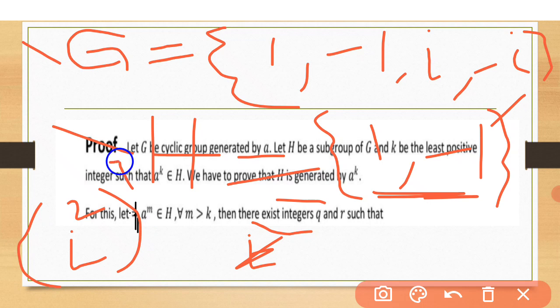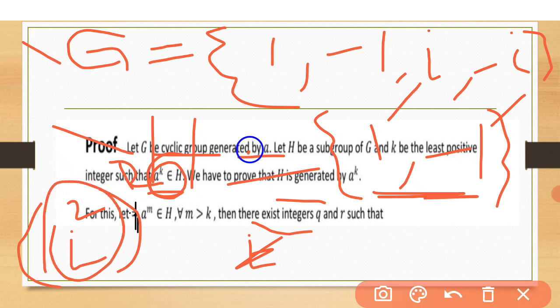And when we take its power 2, iota squared into 2 gives us iota raised to power 4, which is 1. From here you can easily understand that a raised to power k means iota squared, and a means iota, which is the generator of G. Iota is the generator of G and iota squared is the generator of H.